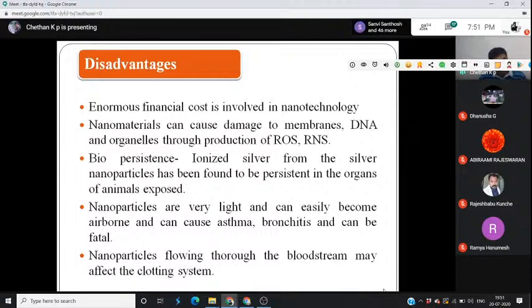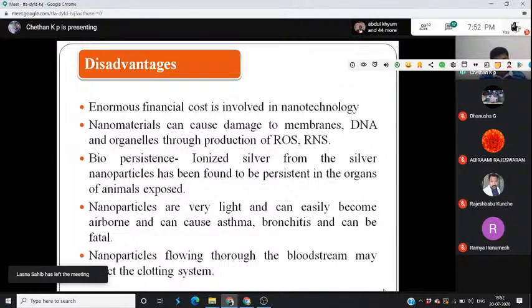When it comes to the market, it will take years to take back that profit or whatever expenditure incurred. So initially, a nano mineral will be much costlier than the organic mineral. Nanomaterials can cause damage to membranes, DNA, and organelles through the production of reactive oxygen species as well as reactive nitrogen species. So this is one area where we need to study more.